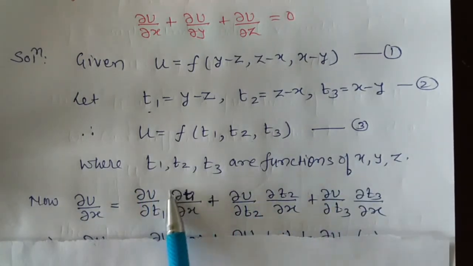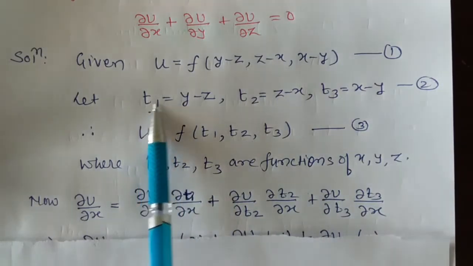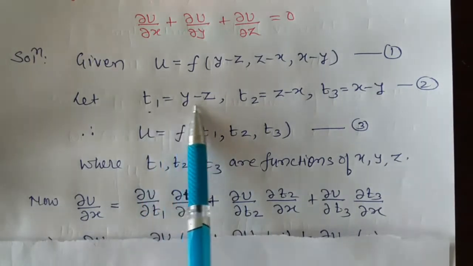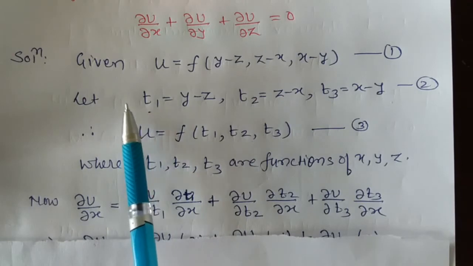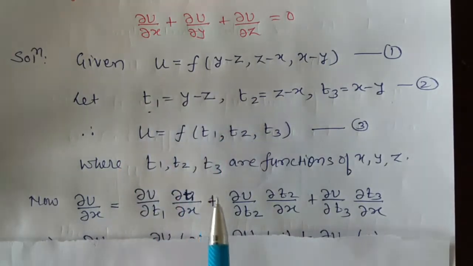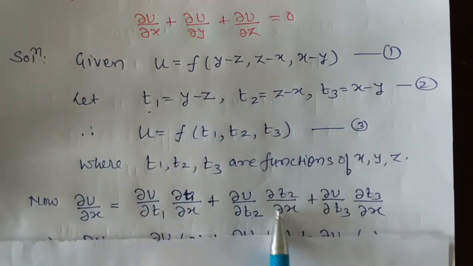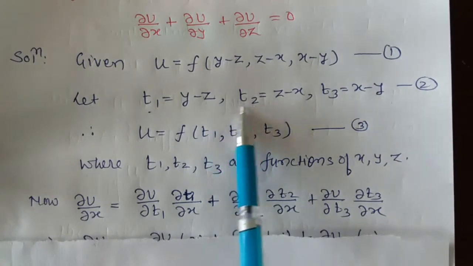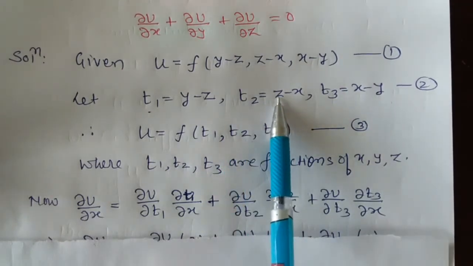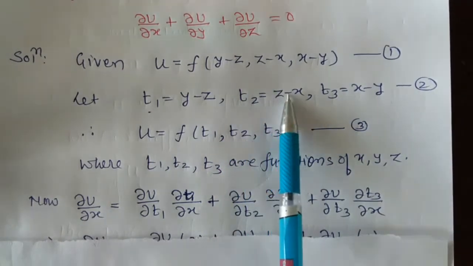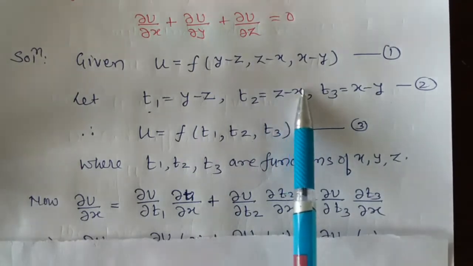Now del t1 by del x, the partial derivative of t1 with respect to x. Here with respect to x, y and z both are constant, so del t1 by del x is 0. Del t2 by del x: z is constant with respect to x, so 0 minus the derivative of x with respect to x, which is 1.